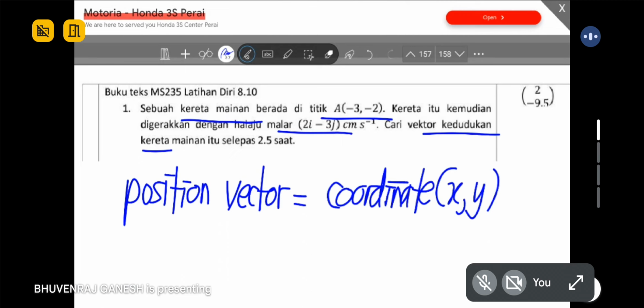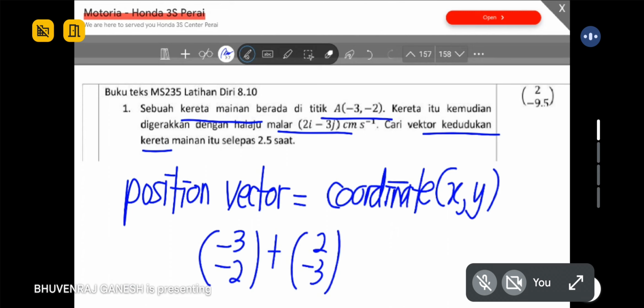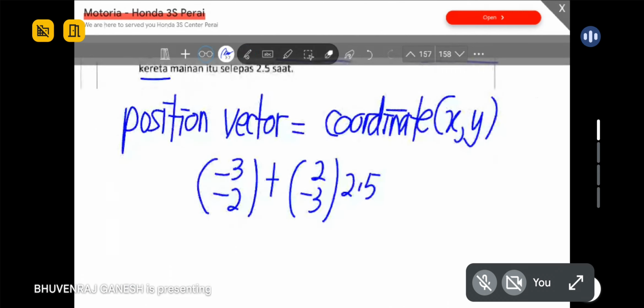Okay? Alright. So if you guys think logic, right? You can just take -3, -2 plus with 2, -3, and the time. Do you guys understand? Is the formula we have been using all this while. If you guys notice, is the original plus by how much you move. Okay, asal tambah berapa yang kamu gerak. That's all. Okay, so you just need to solve this one.